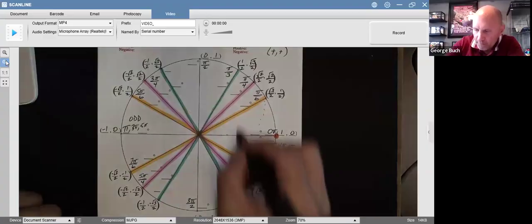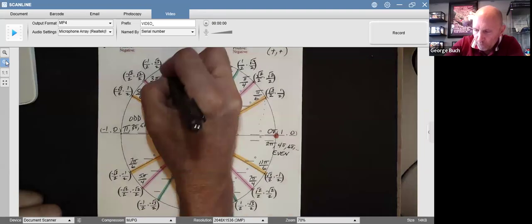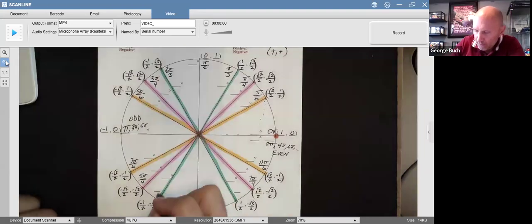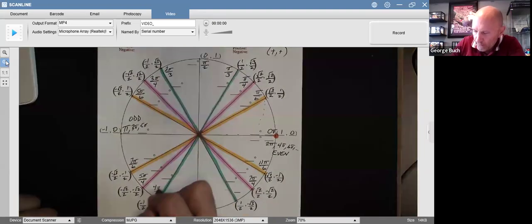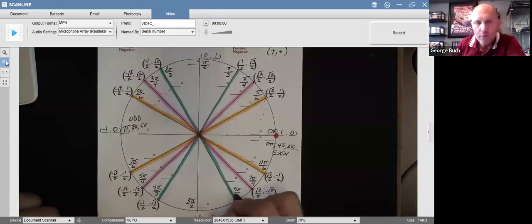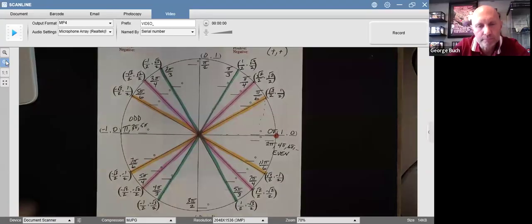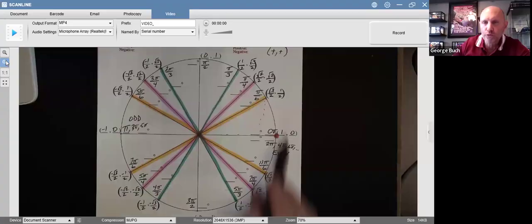And then lastly, this guy ends up 2 pi over 3. Down here is 4 pi over 3. And the last one here is 5 pi over 3. So that is when our t is positive, when we're going counterclockwise.